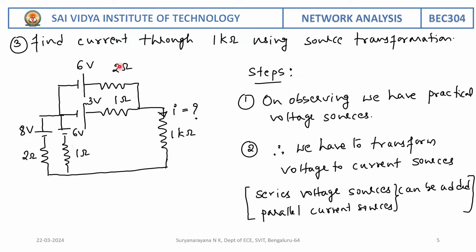So we'll consider these resistances as the internal resistance connected in series with the voltage source. When voltage sources are in series, we can add depending on the polarity. When current sources are in parallel, we can add or subtract depending on the polarity of the direction of current flow.